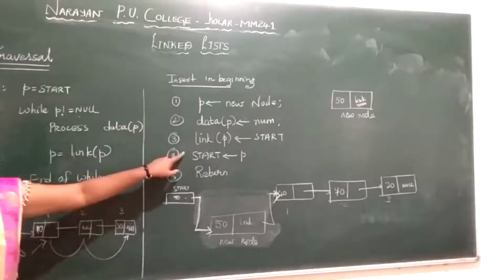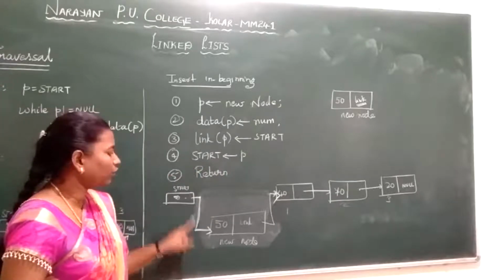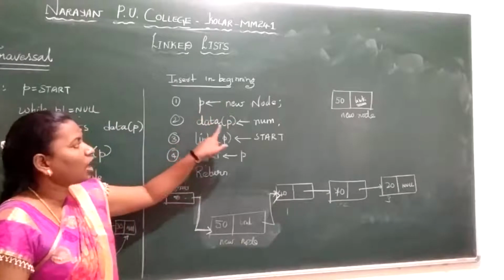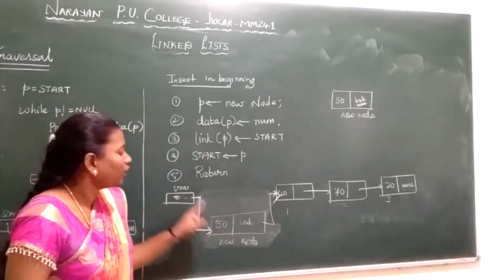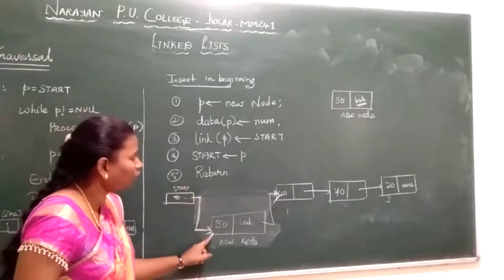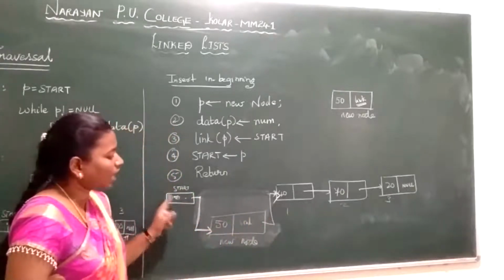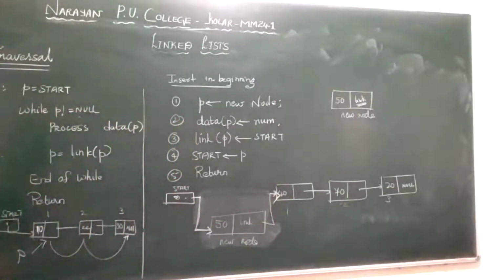Now P is pointing to start. This is my new node; initially the new node is P. Now I am inserting number into data of P, that is 50. Now I am giving start to the link of P, and P I am giving to start, and this link field I am linking to the next node. Please try to understand.